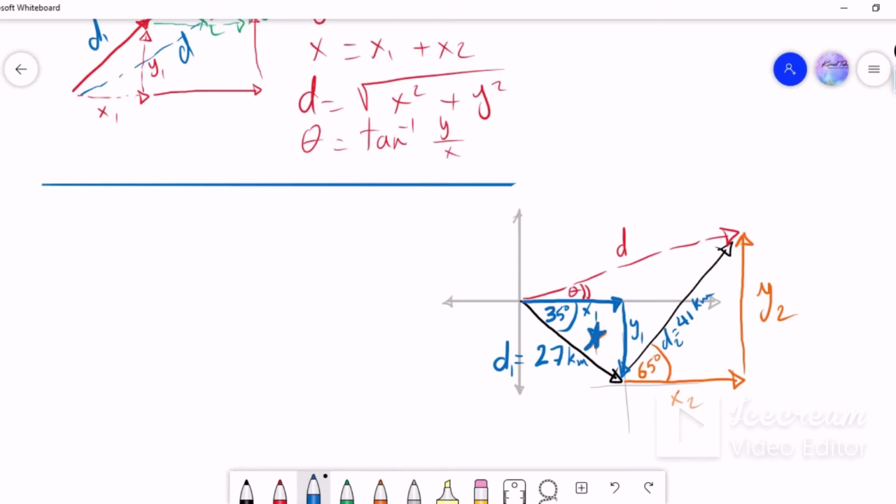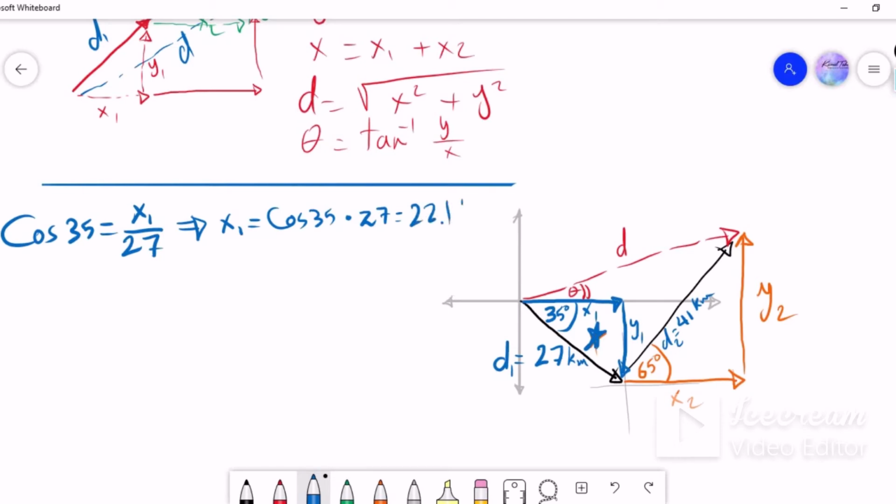Here is cosine, and as I told you before, x1 here is the adjacent. Now cosine 35 equals x1 divided by 27, the hypotenuse. By this way, x1 equals cosine 35 times 27 equals 22.1 kilometers.